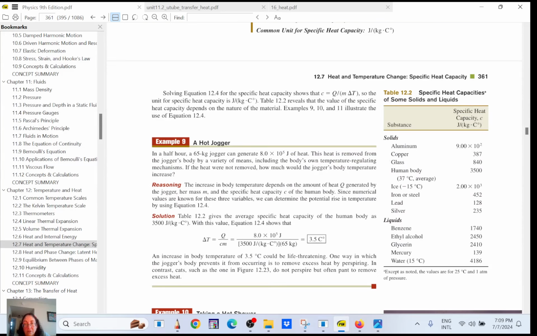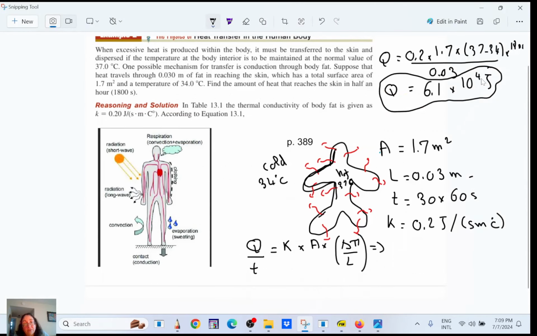You see that the heat in 30 minutes is 8 times 10 to the 5. So that's the heat you need to get rid of during the same time if you are jogging. If you use conduction, you are only getting rid of 10 times less. So it can help, but that's not enough.